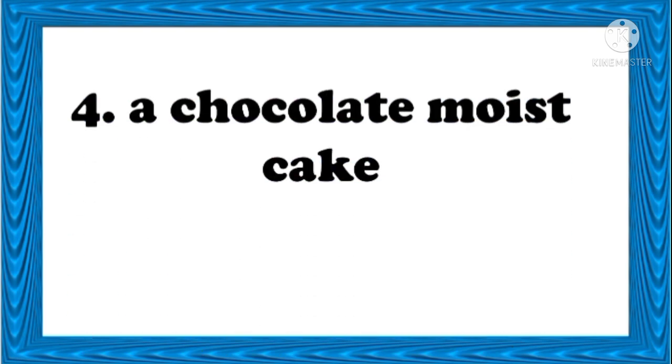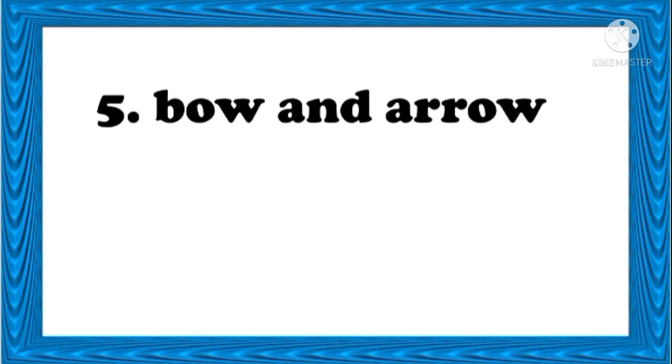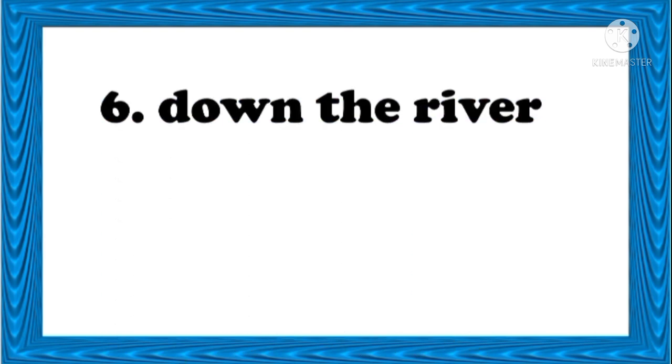Number 4, a chocolate moist cake. The word with diphthong is moist. Number 5, bow and arrow. The words with diphthongs are bow and arrow. Number 6, down the river.